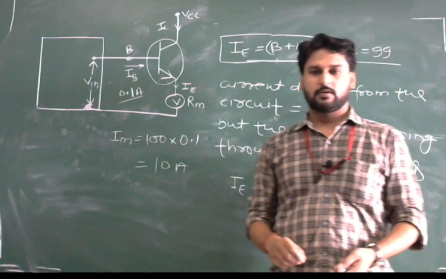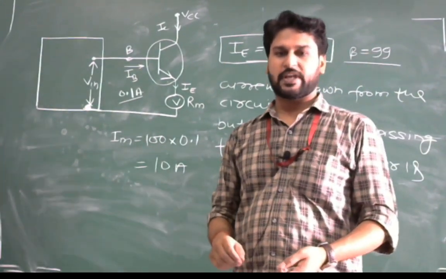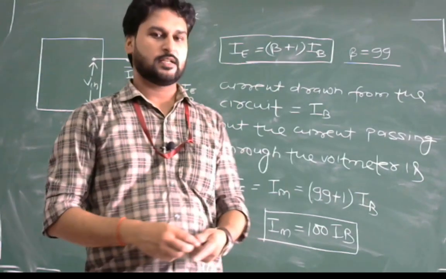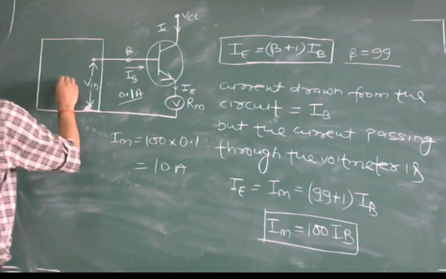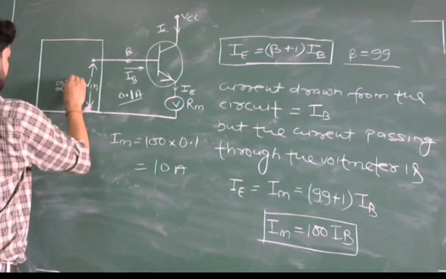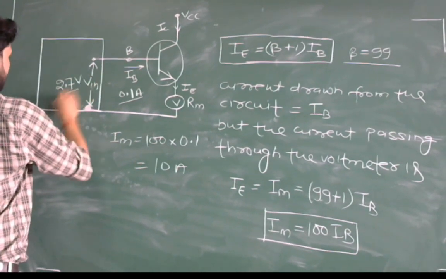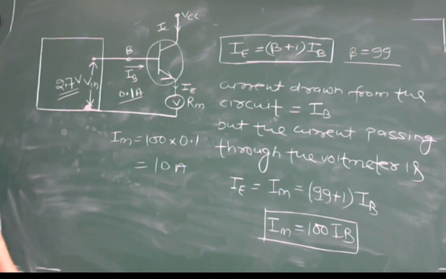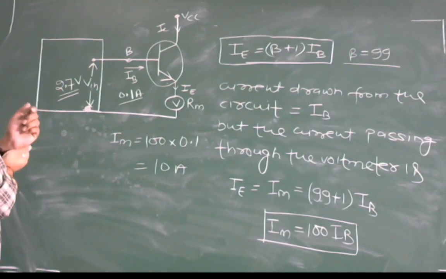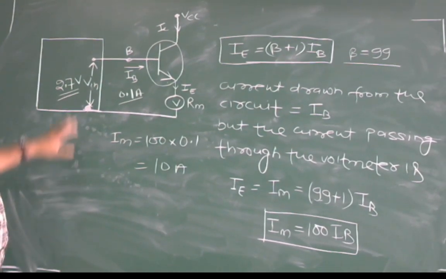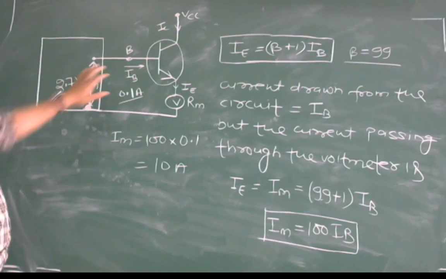Now consider the potential V in is 2.7 volt. Suppose this potential is 2.7 volt, then what will be the value of IB and what will be the input impedance of this circuit?